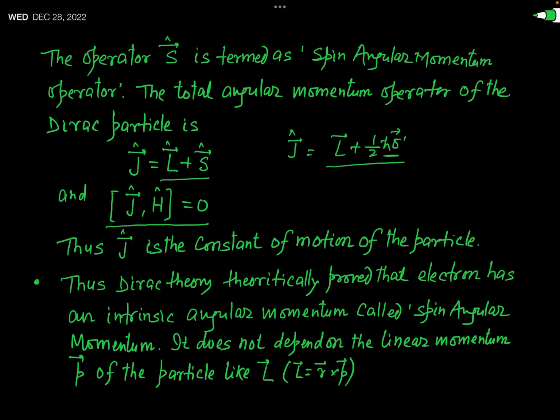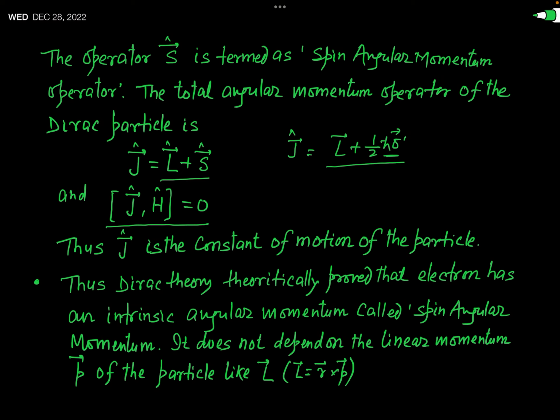Till now we have seen that the orbital angular momentum of a particle is not a constant of motion. It does not commute with the Hamiltonian, but when we add a term S to L, then this sum is a constant of motion.